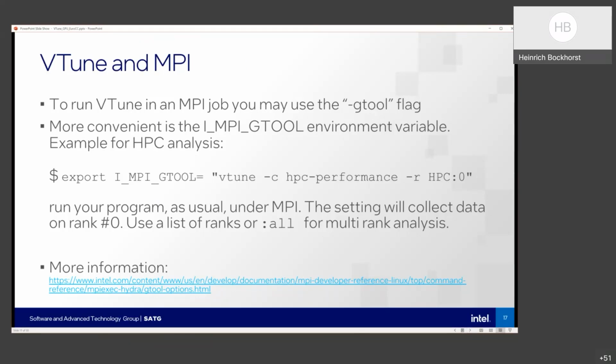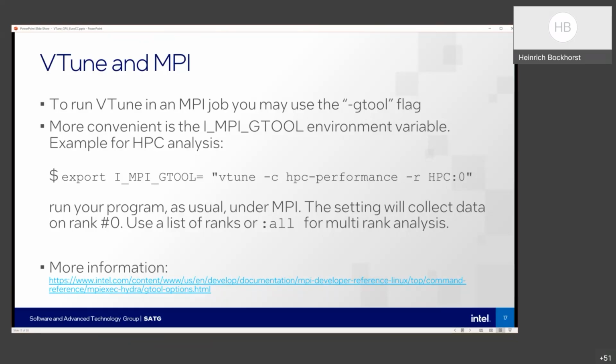The link on the bottom of this page will show you some experiments done using the gtool flag. But I like even more the I_MPI_GTOOL environment variable, which has the same effect, but it's more handy because you can keep your scripts as they are, but just additionally set the I_MPI_GTOOL environment variable.